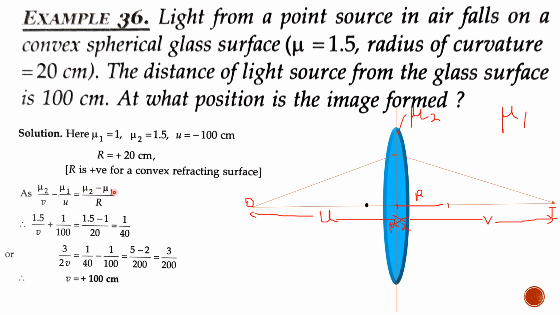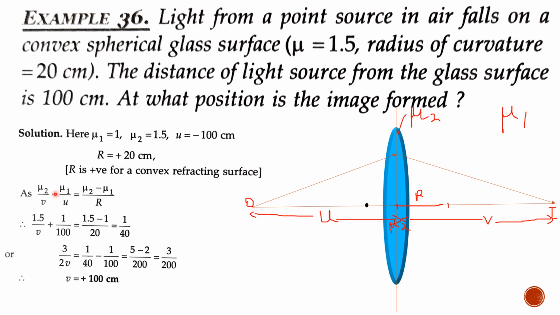Now I'll substitute the values here. Mu2 is 1.5, mu1 is 1, and object distance u is minus 100 centimeter.